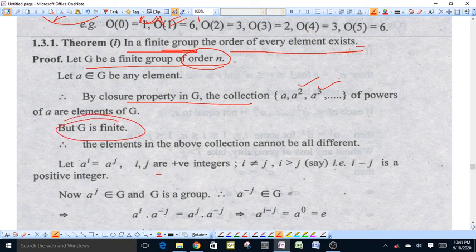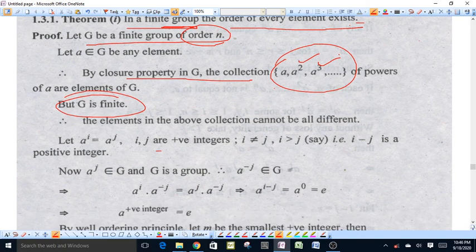This means this collection contains a finite number of elements, and in this set all elements cannot be different, but these are the powers a square, a cube and so on.